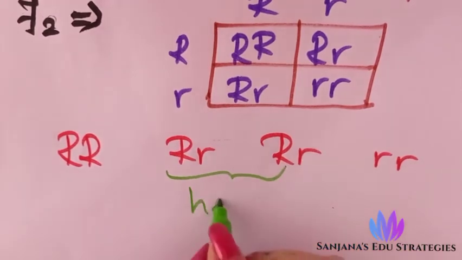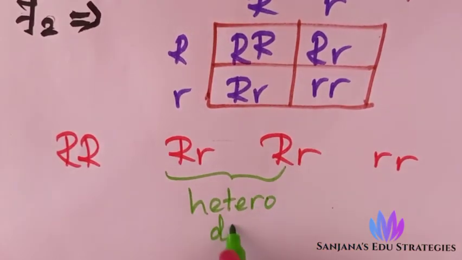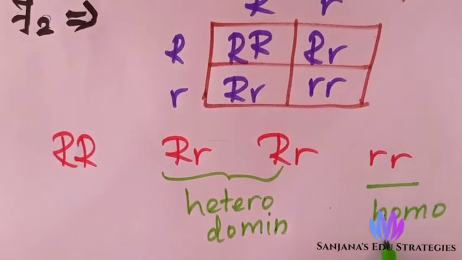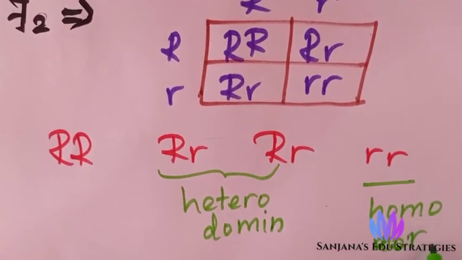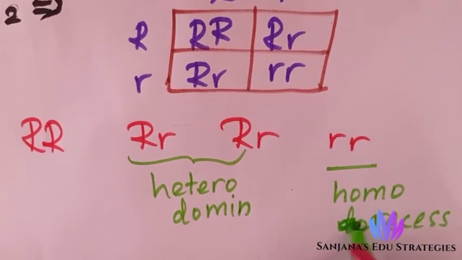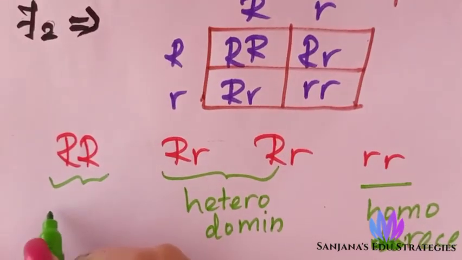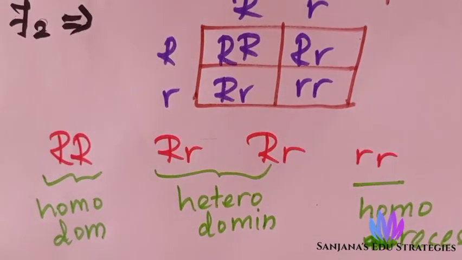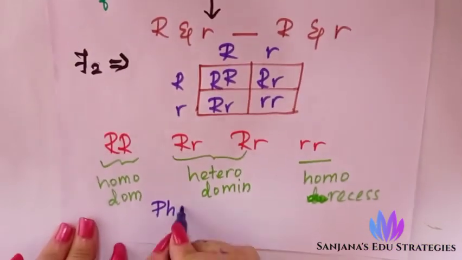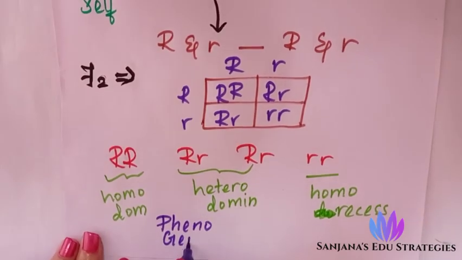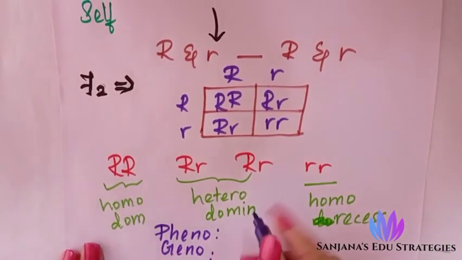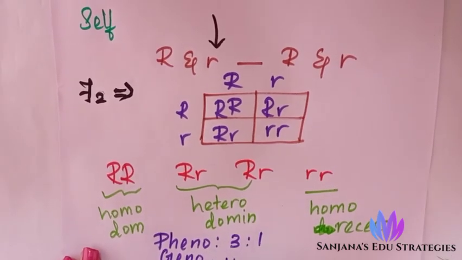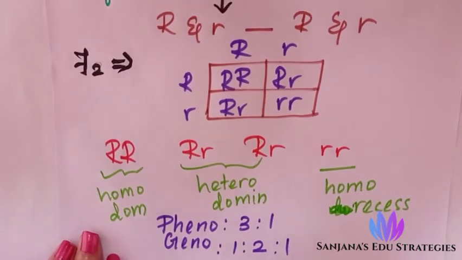Two are heterozygous dominant, one is homozygous recessive, sorry, and another one is homozygous dominant. Now can we write the phenotype, children? Yes. Phenotype is 3:1. Genotype is 1:2:1.